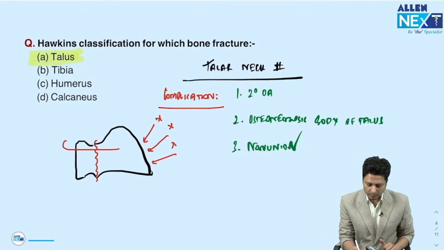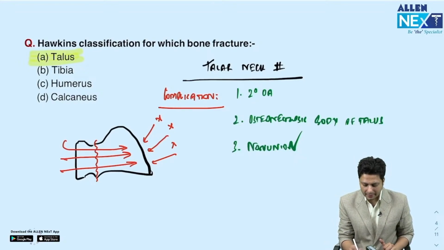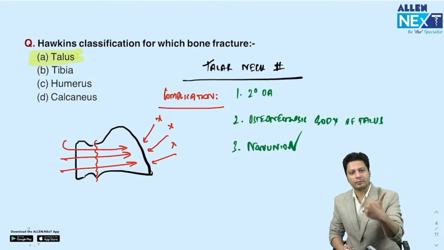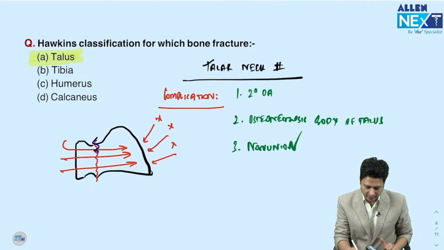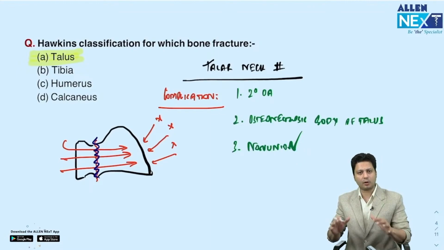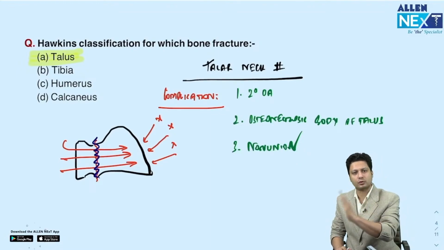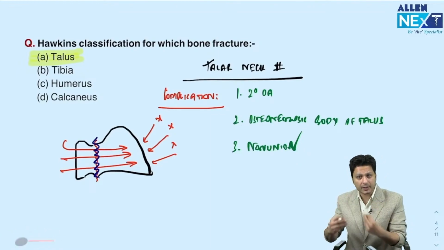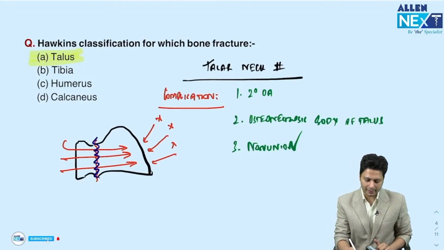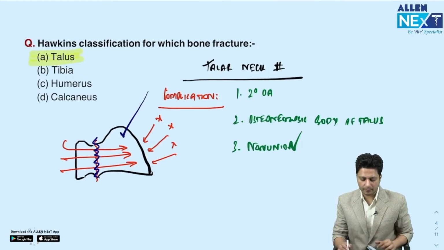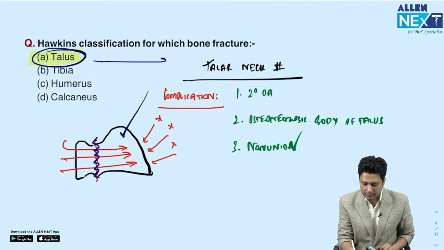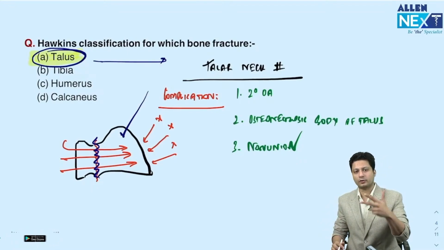The vascularity to the body of the talus is primarily dependent on the vessels coming from the head and neck to the body of the talus. So imagine if there is a fracture in this region, that is the neck of the talus, then there is a likely possibility that there will be a cut in the vascular supply to the body of the talus, as a result of which it is more likely to go into osteonecrosis. So for talar fractures, Hawkins is a very important word because of 2 reasons.